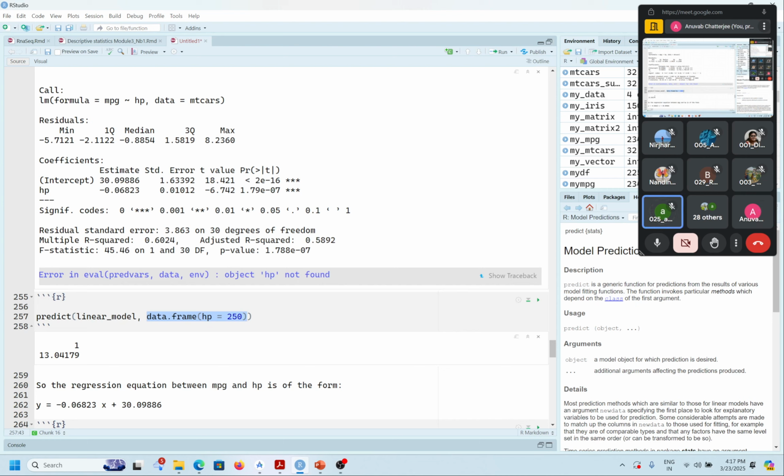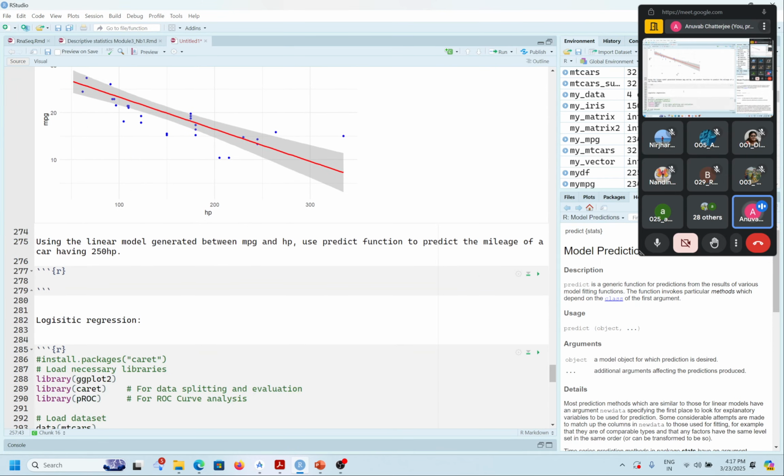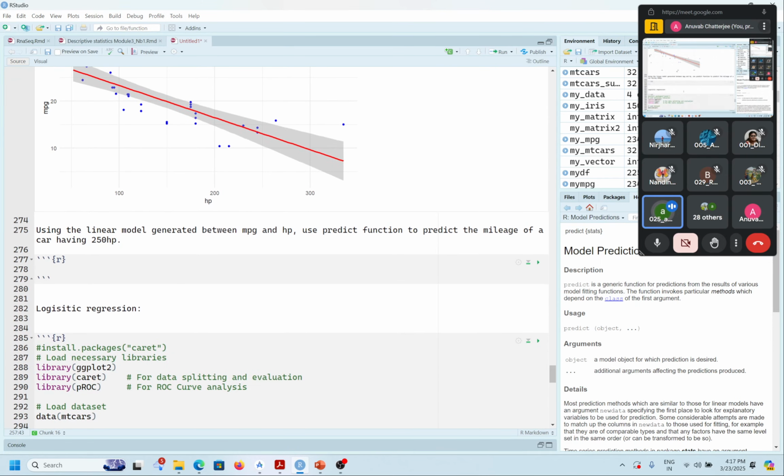Okay, so essentially using regression you find a concrete relationship between two different variables, and then you can use the linear model that you have made using regression to predict different values depending on what the independent value of your variable is. So this is how you do it.